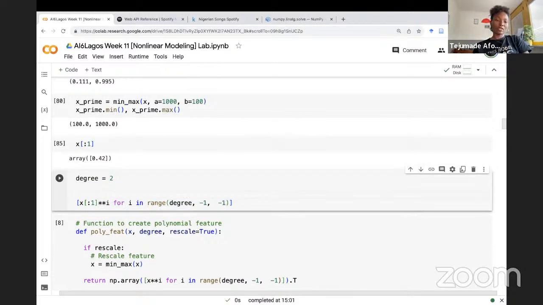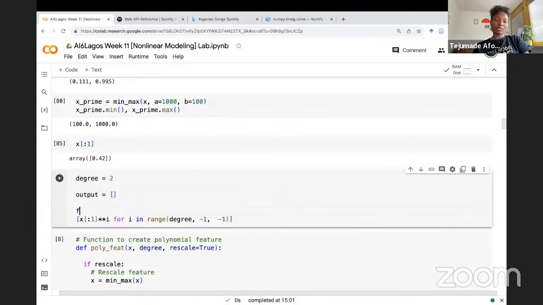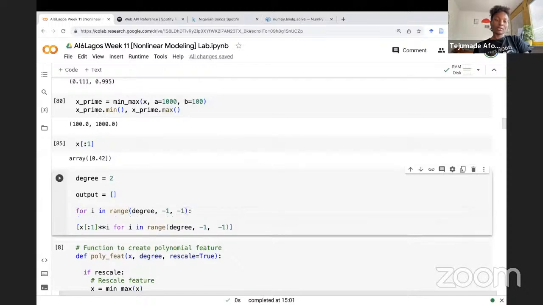You say something like output equals this, and then for i in range of degree minus 1, output dot append x of i.